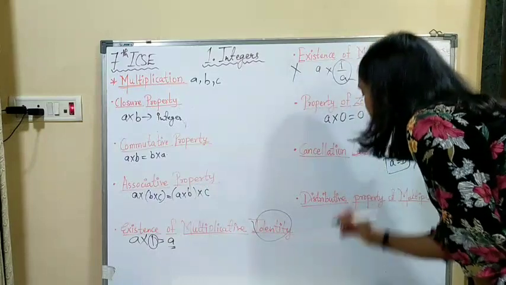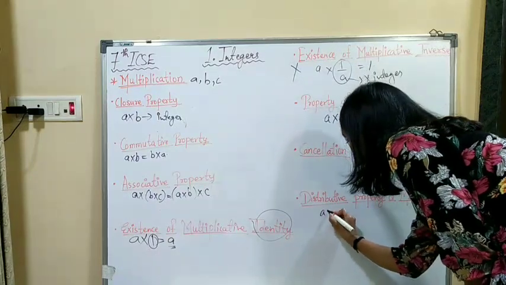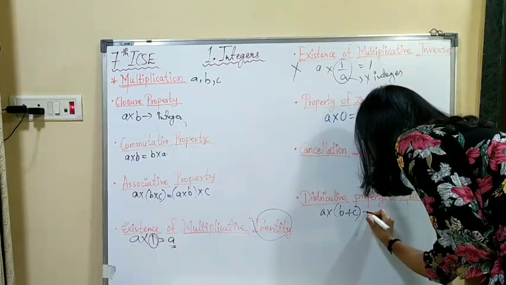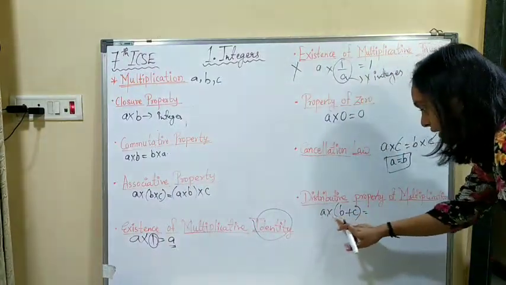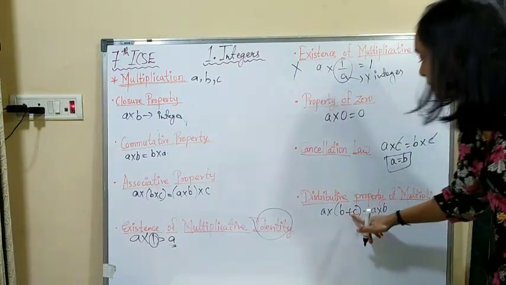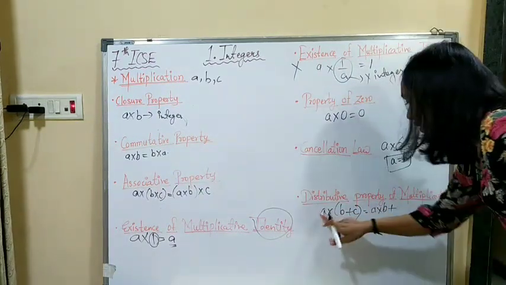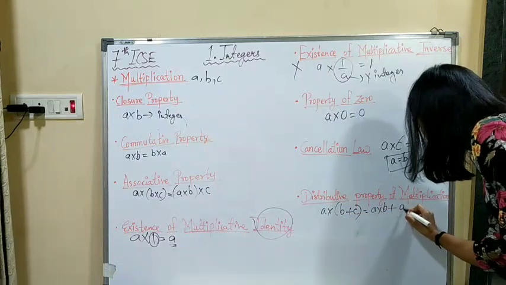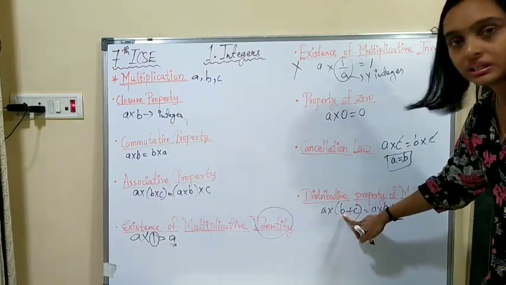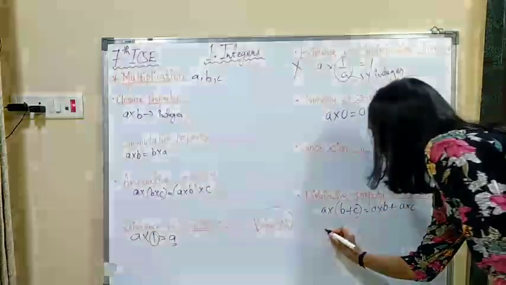If you have three integers A, B, C, then A multiplied by B plus C is distributed as A multiplied by B plus A multiplied by C. That is, A is distributed to B and C also.